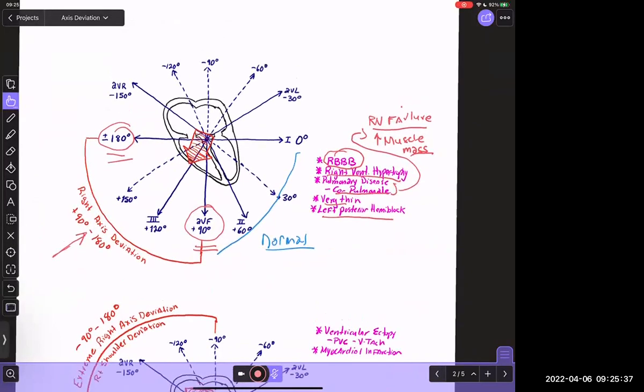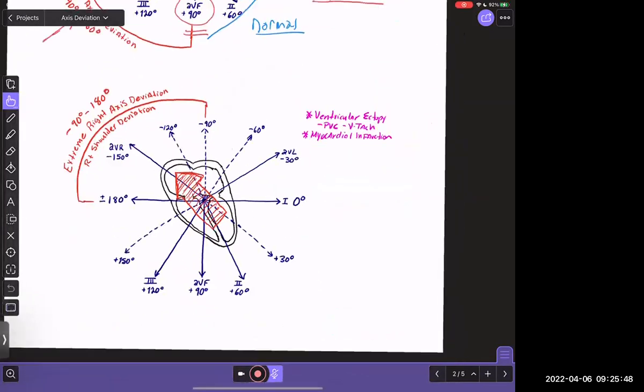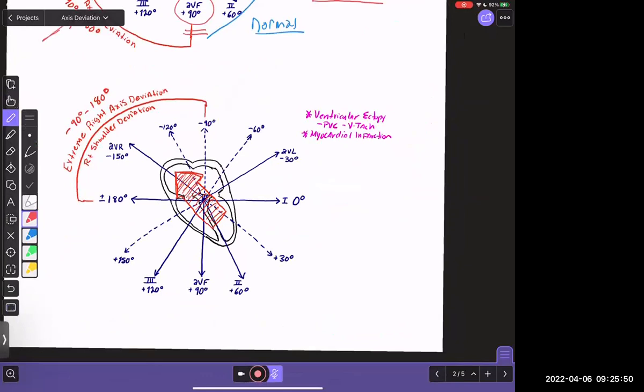So that leads us to extreme right axis. And this is one I said that I really don't want to spend too much time on. Extreme right axis is also known as kind of no man's land.